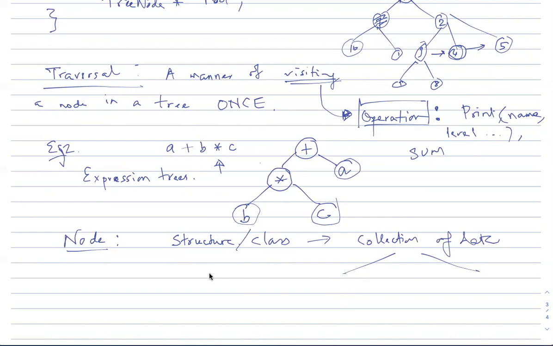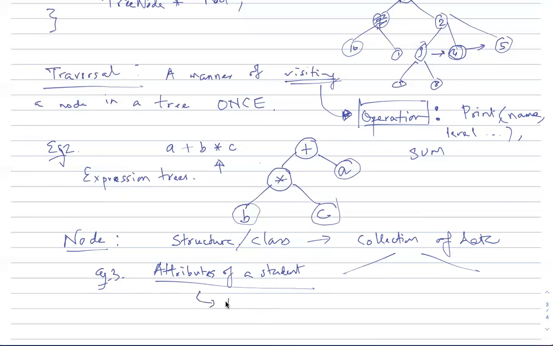For example, suppose I am storing in these nodes the attributes of a student. So every node is representing a student. This is another example. Every node has a variety of attributes of a student.